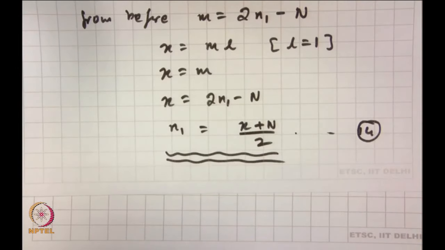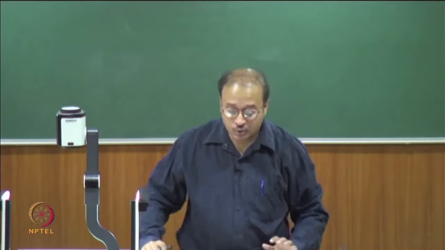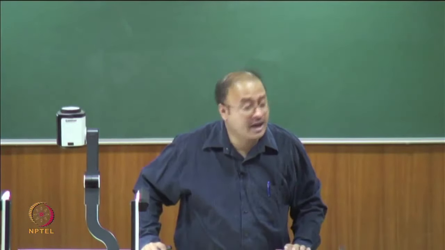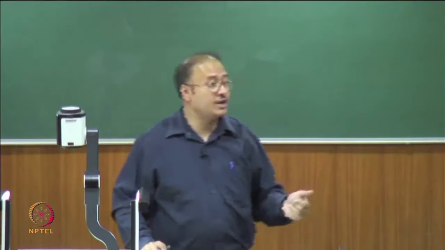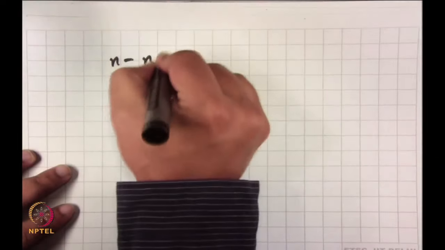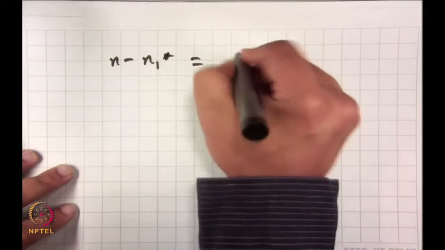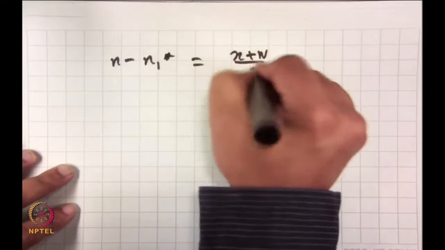Okay. So you are done with n1, where you have replaced this. Now go back to your equation number 13. What you have is n1 minus n1 star. You know what n1 is? So let us do this first. Now n1 minus n1 star is equal to x plus n by 2.